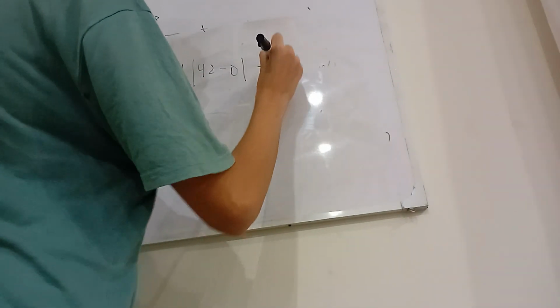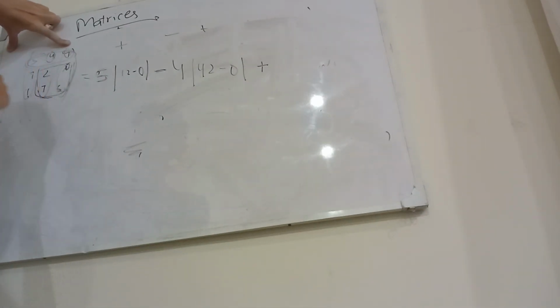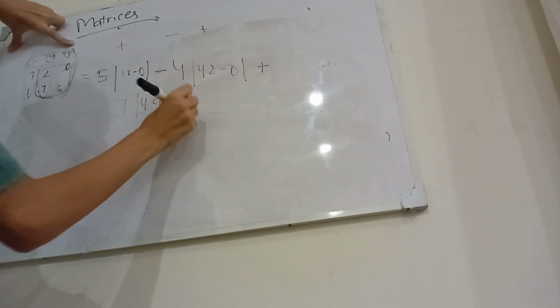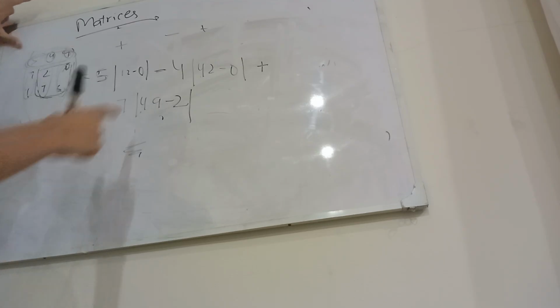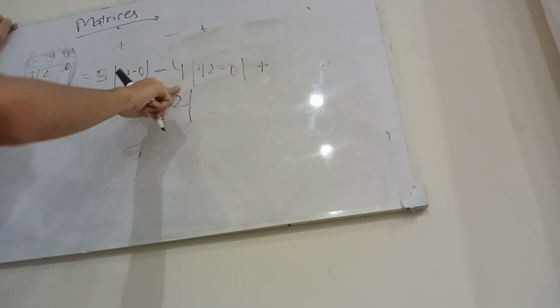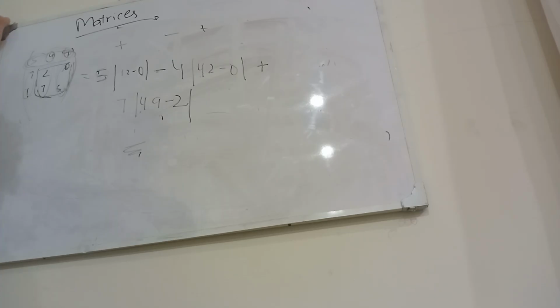So it's basically 7, 49 minus 2, which is 47. 12, 42, 47. 12 fives are 60. 60 minus 168 gives me minus 108.